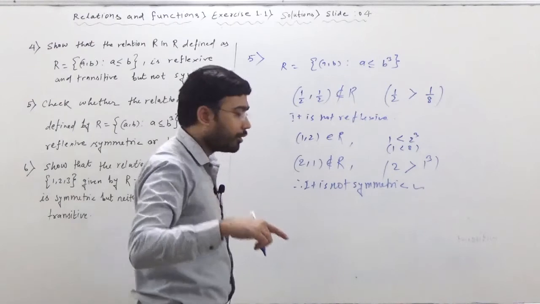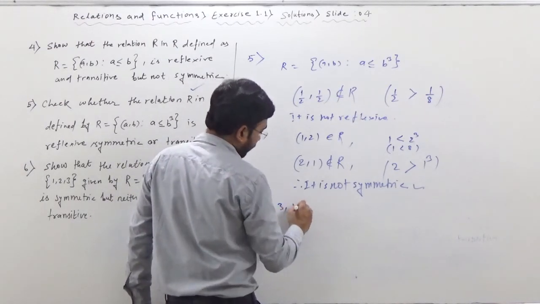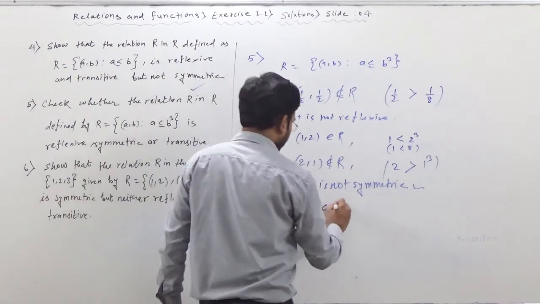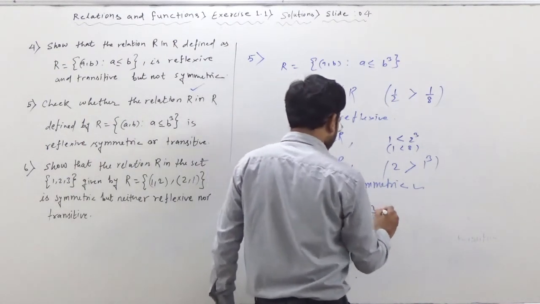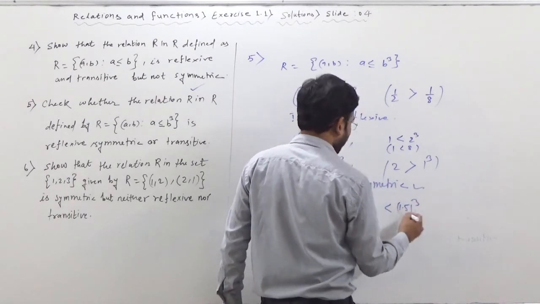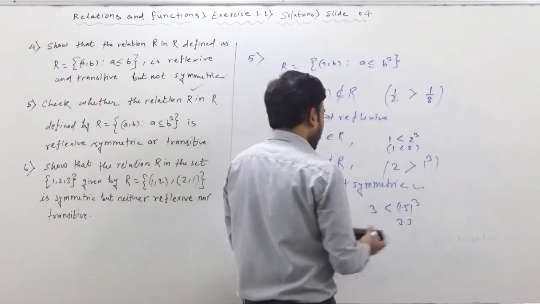Now we will check it for transitive relation. So let us suppose we are taking (3, 1.5). Is it possible? Because 3 is less than 1.5 cube. 1.5 cube means 3 point something will come, right? So yes, it is possible.